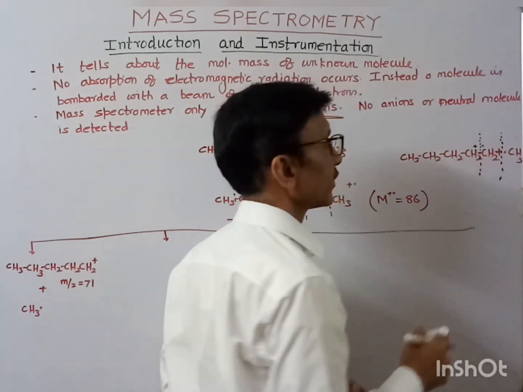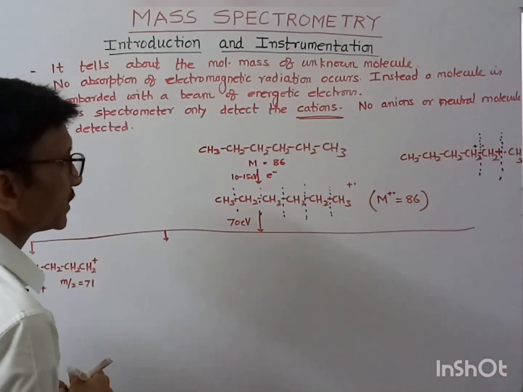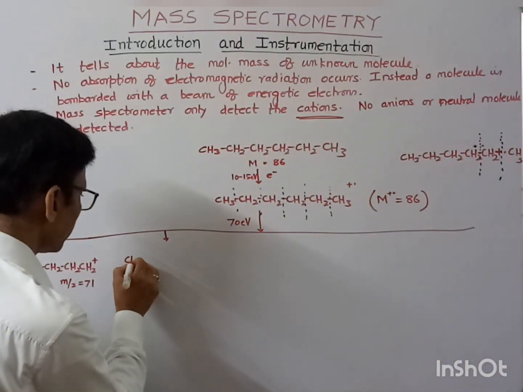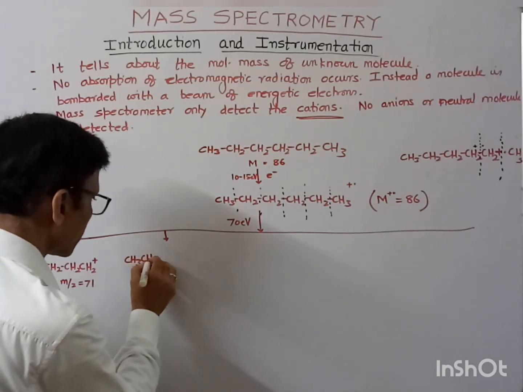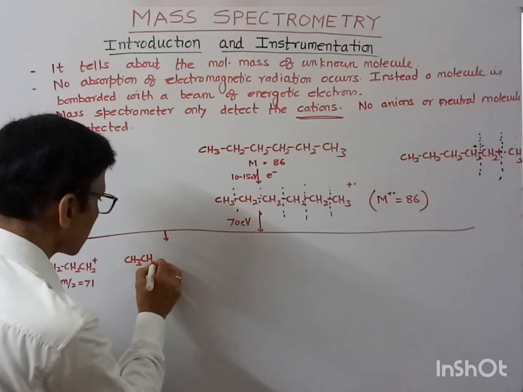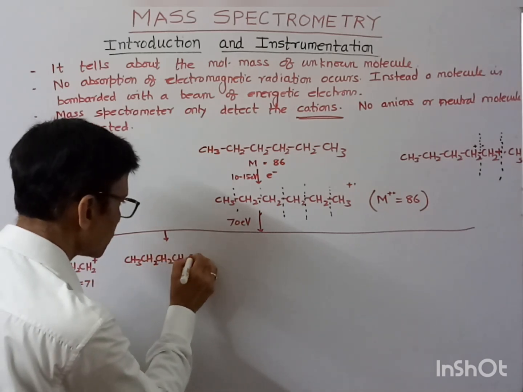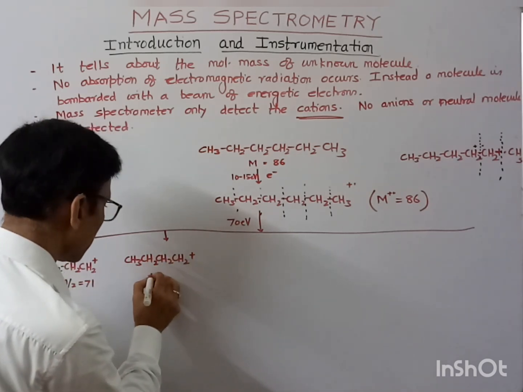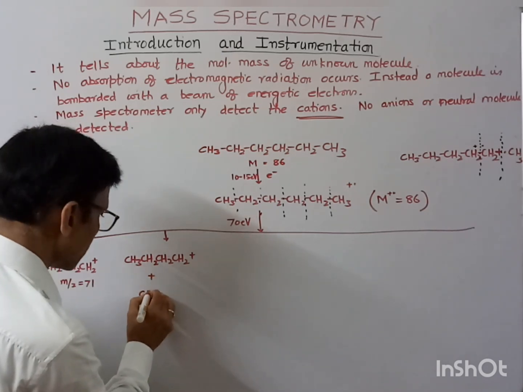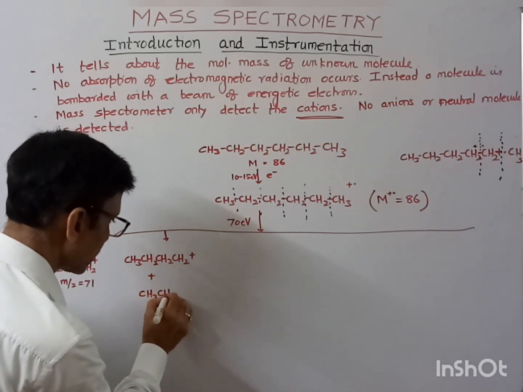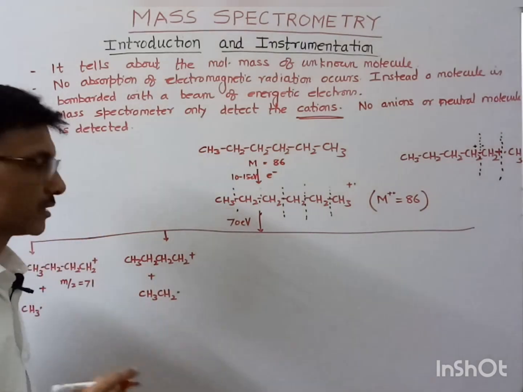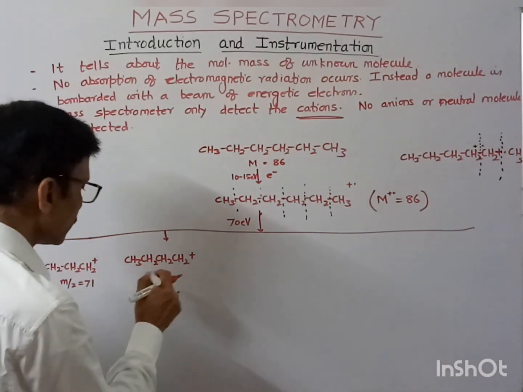It would be fragmented in this way: one part is the butyl cation, and the other is the ethyl radical.